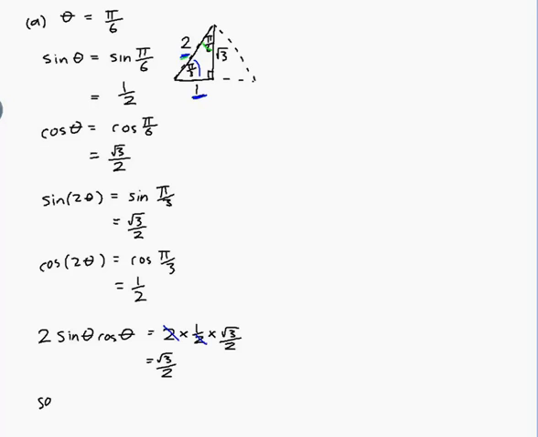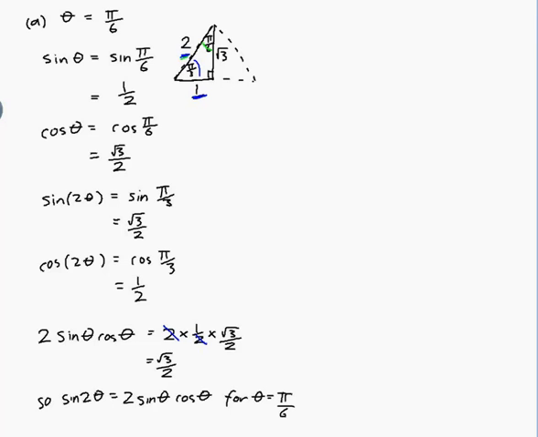So sine 2 theta is equal to 2 sine theta cos theta, for theta is equal to pi on 6. It's important to put that line in because it tells my reader that I've finished verifying that formula.